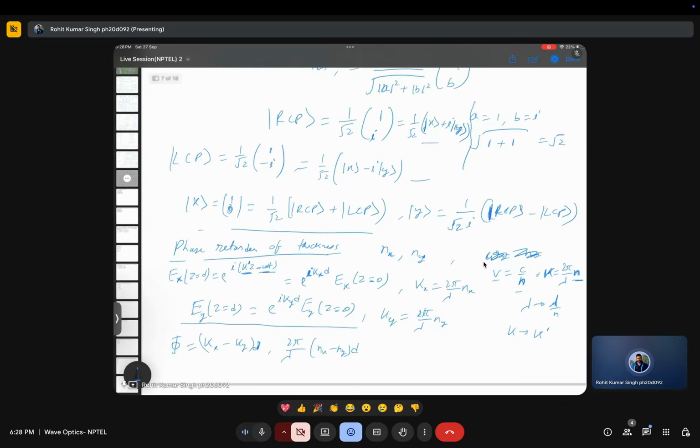And so you can write these two equations in terms of this matrix. How to write it?